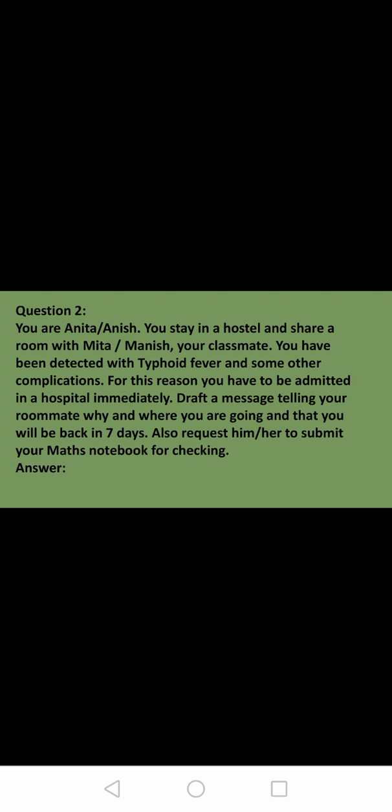Now one more example. You are Anita or Anish. You stay in a hostel and share a room with Meeta or Manish, your classmate. You have been detected with typhoid fever and some other complications. For this reason, you have to be admitted to hospital immediately.